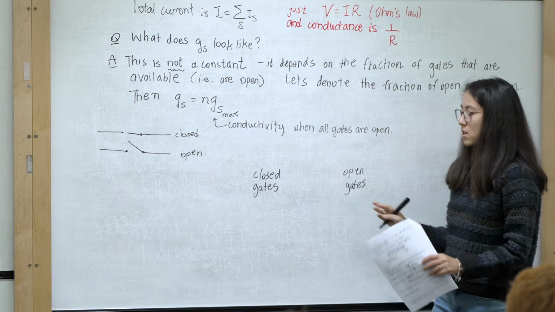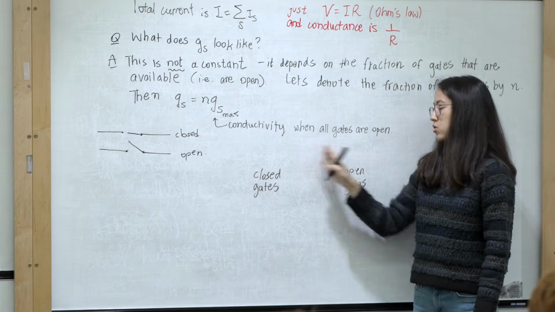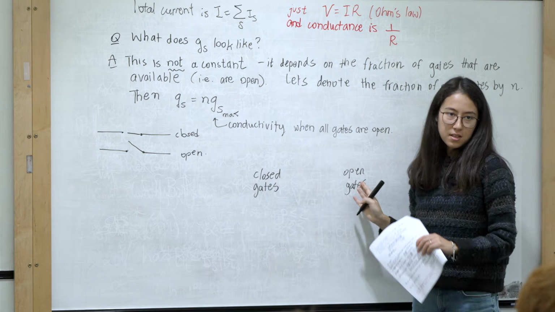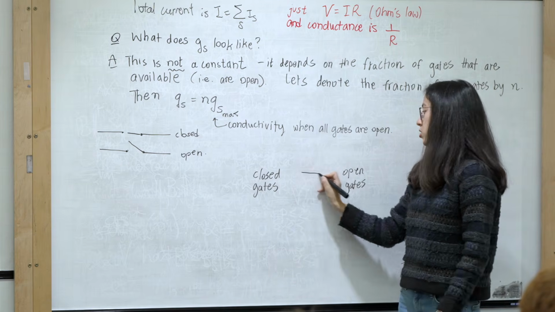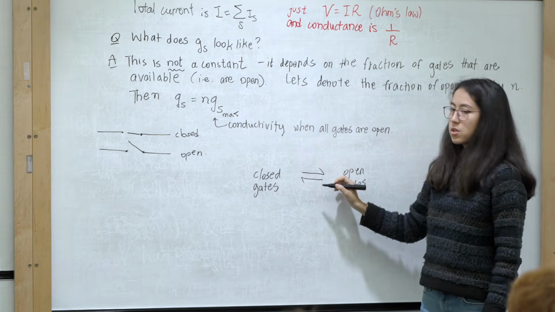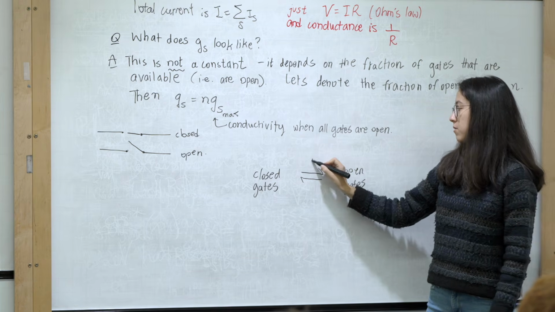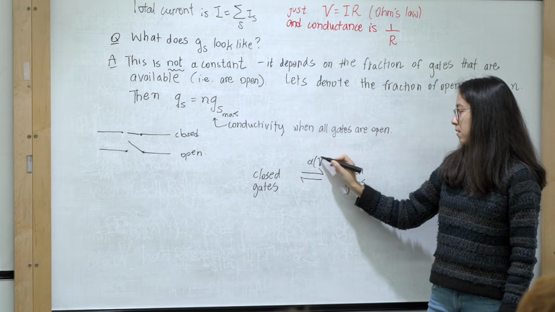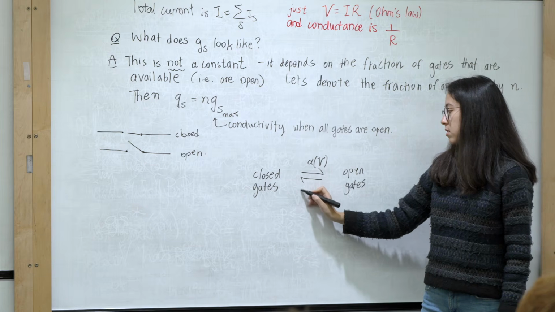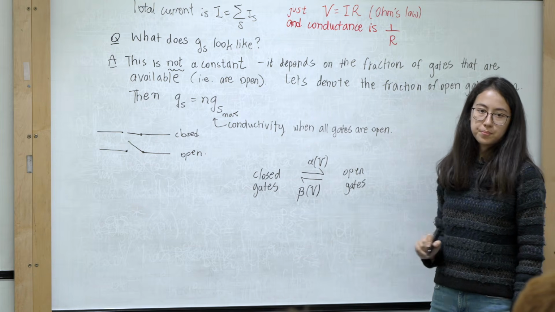And what you have is a reversible reaction: gates that were originally closed opening, open gates closing, and so on. The rate at which this happens is dependent on the voltage across the membrane. So I'm going to have here alpha of V, and then for the reverse, I'm going to have beta of V. Okay?